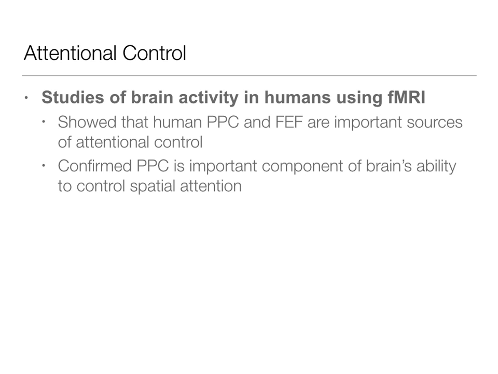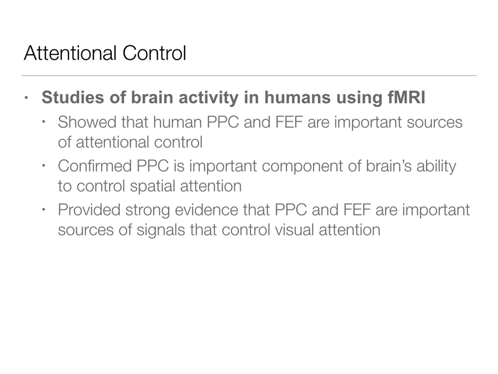Research was able to confirm that with fMRI studies using humans as well. And again, it provides really strong evidence that both of these brain areas are really important sources to control visual attention.